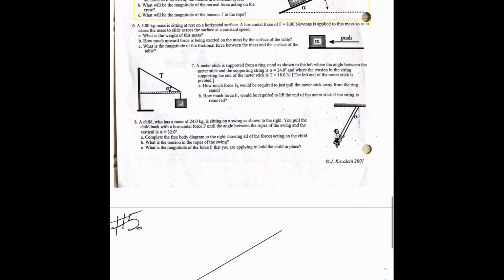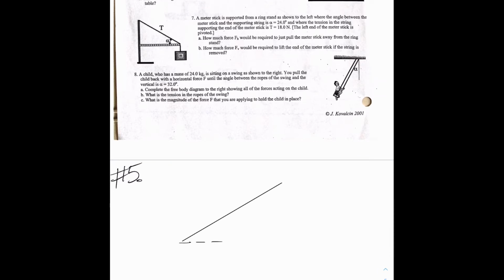I'm just going to draw the same picture right here. And this is question number 5. These are a dotted line here. Not that it really matters, but I'm trying to keep it the same. This is the angle alpha.